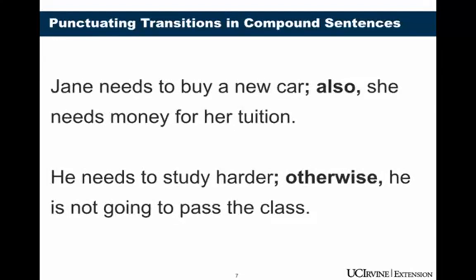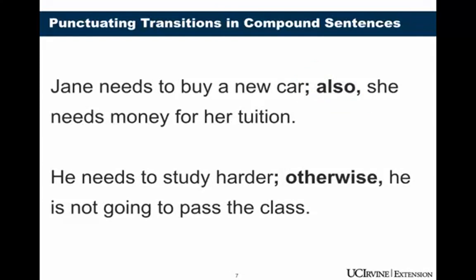Let's look at a couple more examples. Jane needs to buy a new car; also, she needs money for her tuition. Also is another transition word, and it's joining two sentences, so we put a semicolon in front of it and a comma after it. Look at the next one.